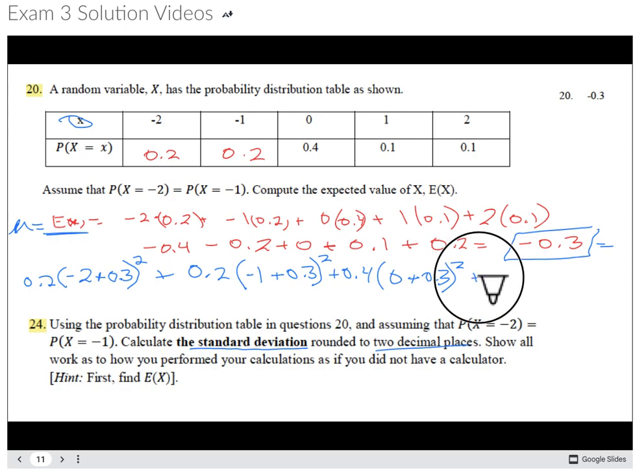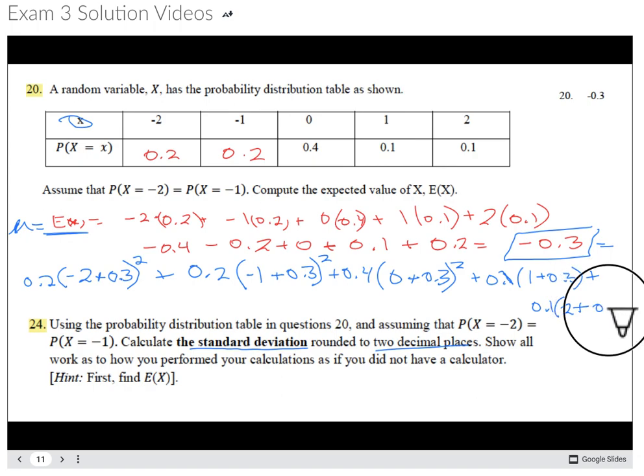Square that, plus 0.1, x value is 1, subtract -0.3, even my best laid plan still running out of room. And then we add the last one, 0.1 times 2 minus -0.3. Oops, I forgot to square these last two, right? So that's our formula. When we add that, that's going to give us the variance.